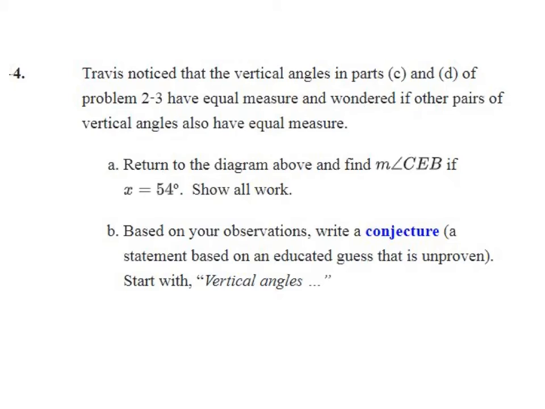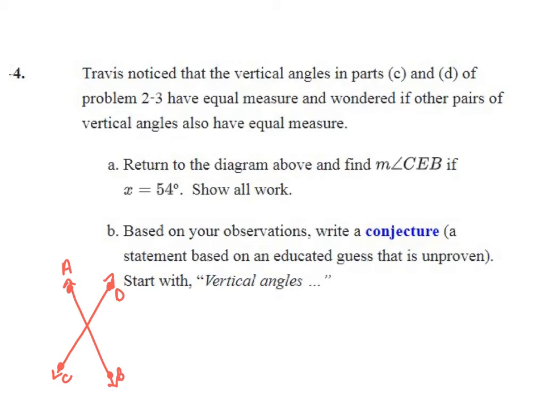Travis noticed that vertical angles in parts C and D of problem 2-3 have equal measures, and wonders if other pairs of vertical angles also have equal measure. Return to the diagram above and find the measure of CEB if x was 54. So I just rewrote it here.